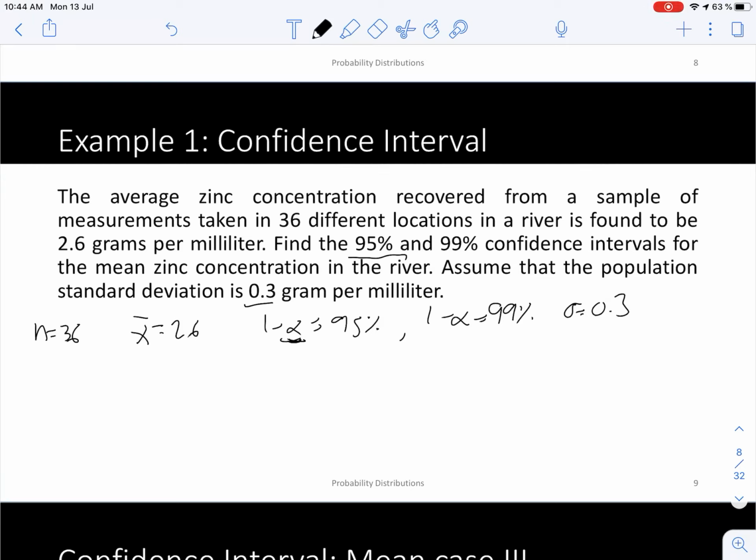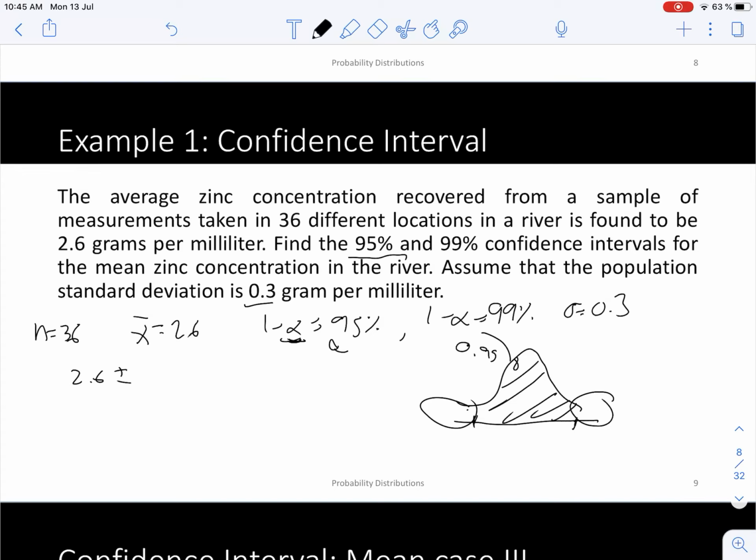Therefore, let's use the equation for the first interval. So it's x bar, that will be 2.6, plus minus, now we need z, right? So for the first part, we need to find, remember, so let me show you again. If the confidence level is 95%, that's 0.95, then what is left to the left and to the right, all of that is 0.05, right?